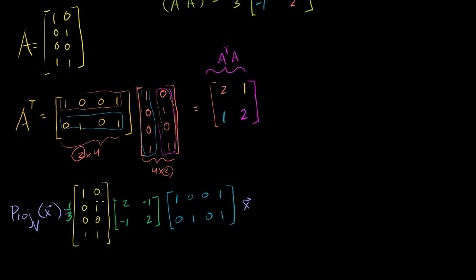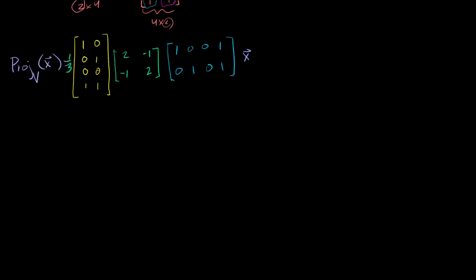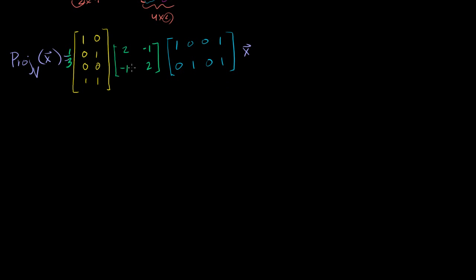So we still have some nice matrix products ahead of us. Let's see if we can do these. So the first one, let's just multiply these two guys. I don't think there's any simple way to do it. So this is a 2 by 2 matrix, and this is a 2 by 4 matrix. So when I multiply them, I'm going to end up with a 2 by 4 matrix.